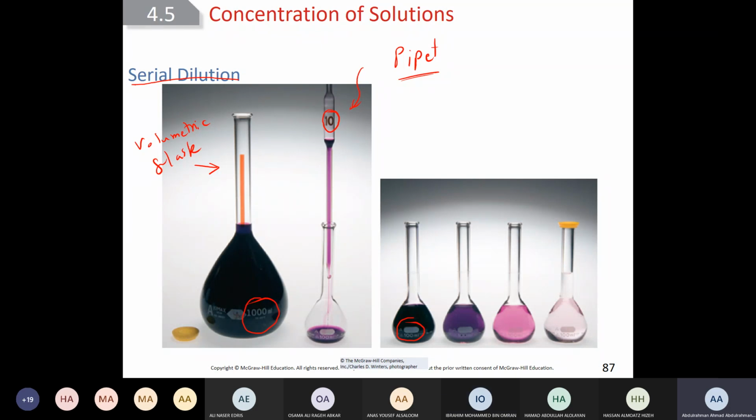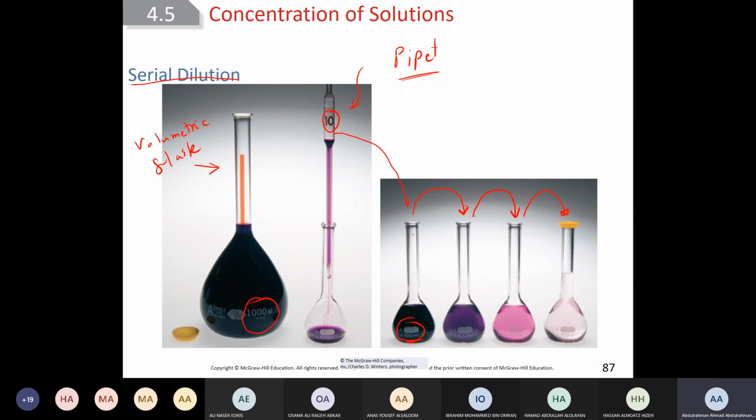We take 10 and put it here and then dilute it with water. Then we take 10 and put it here and dilute it with water. And we take 10 and put it here and dilute it with water, because we will use the same pipette, 10, that comes from here to here, and then add water to it until it is 100.